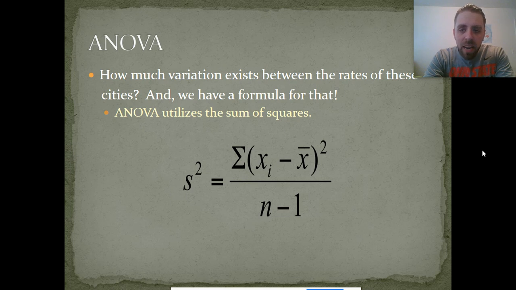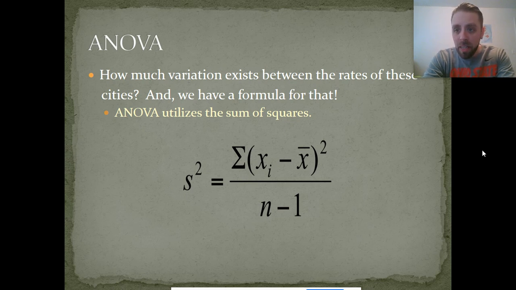The variance of any data set, of any variable, is defined as the summation of xi minus x bar squared over n minus 1 for a sample. So this is not the formula we're going to be using. This is the formula's logic that we are going to be adapting in order to make use of ANOVA. So what did we do here?